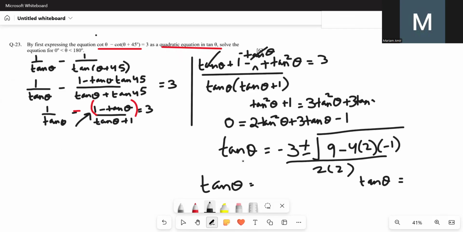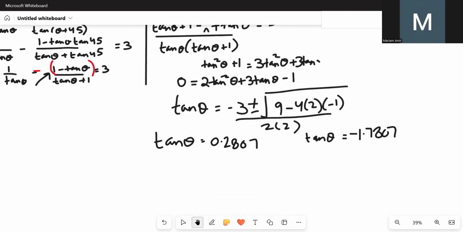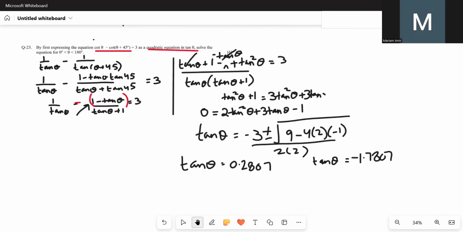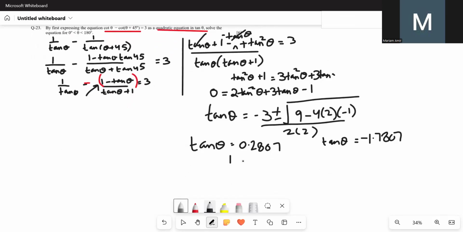We get 0.2807 and we'll get negative 1.7807. Okay. So positive tan theta is going to give an angle in the first and the third quadrant, but the third quadrant is out of the domain, which is 0 to 180. So we only write this angle. And for the negative one, we're only going to get an angle in the second quadrant since the fourth quadrant is out of the domain.